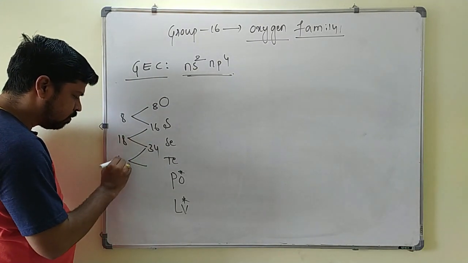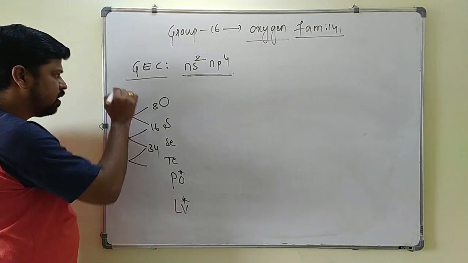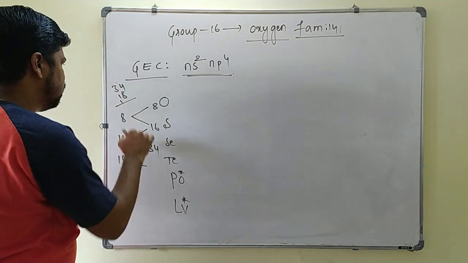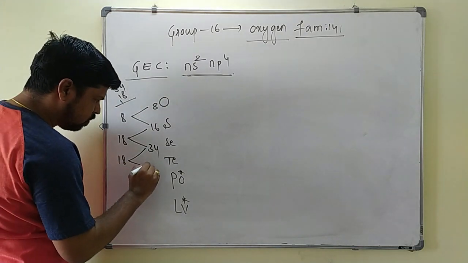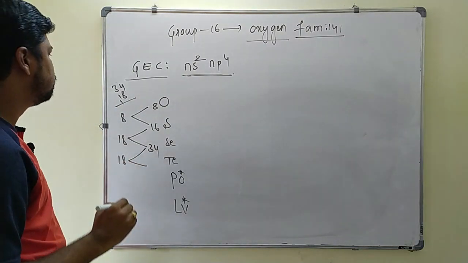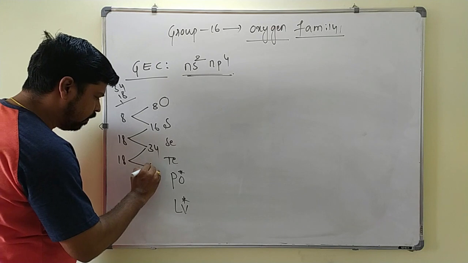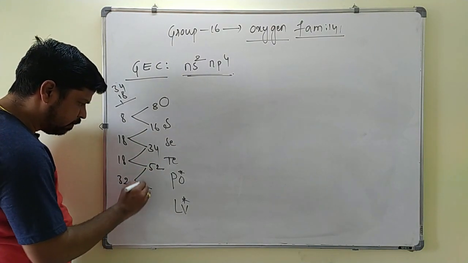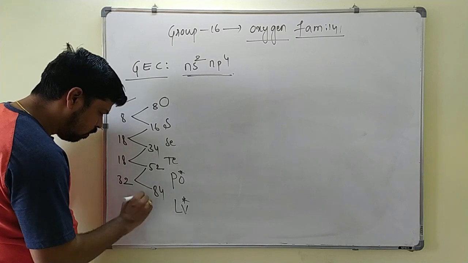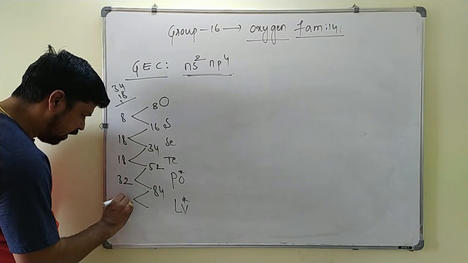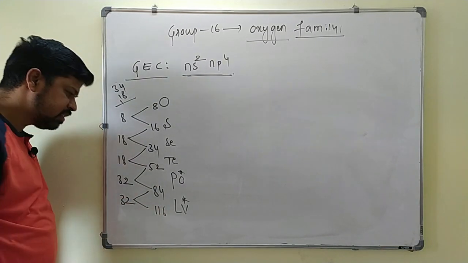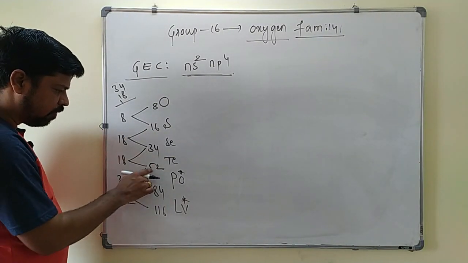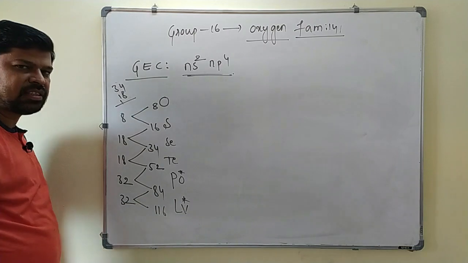Again you add 18, you will get 52. Again you add 32, you will get 84. You add 32, you will get 116. So 8, 16, 34, 52, 84 and 116.